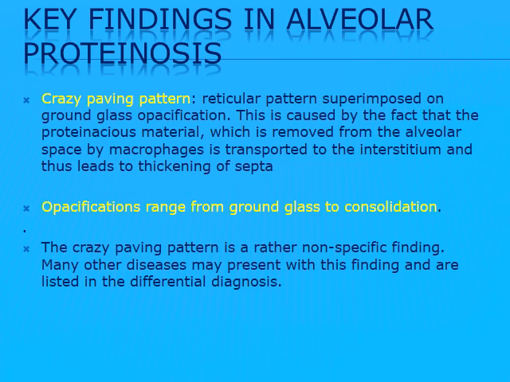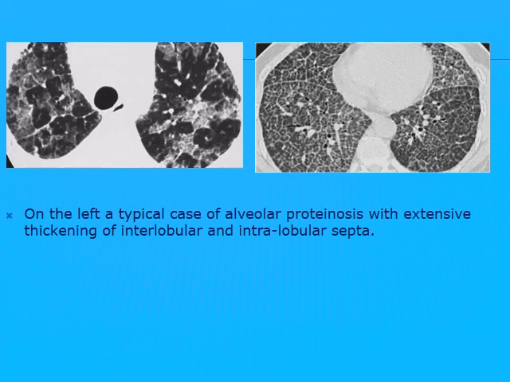We can see it in a lot of diseases, including bronchoalveolar carcinoma, severe pneumonia, and unfortunately, nowadays we can see it in coronavirus-induced pneumonia. These are the alveolar proteinosis findings: crazy paving, septal thickening, and ground glass opacities.